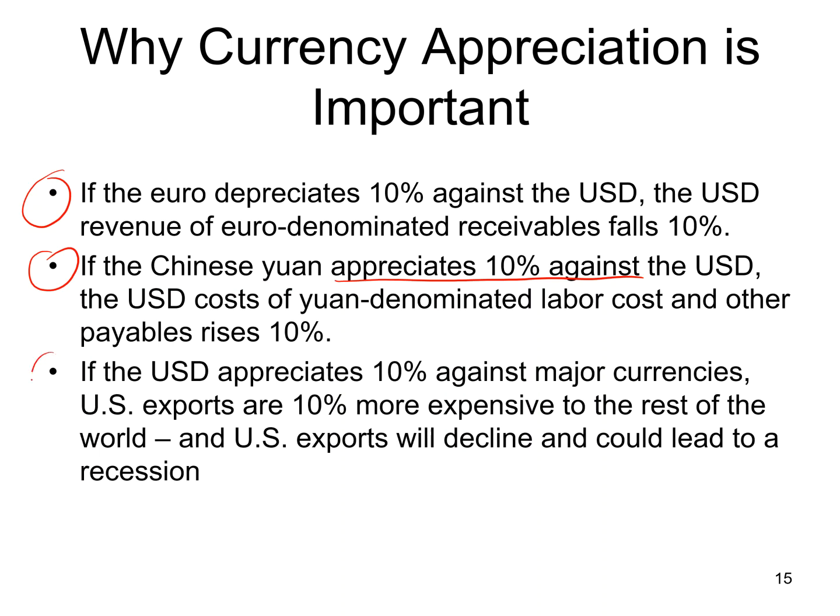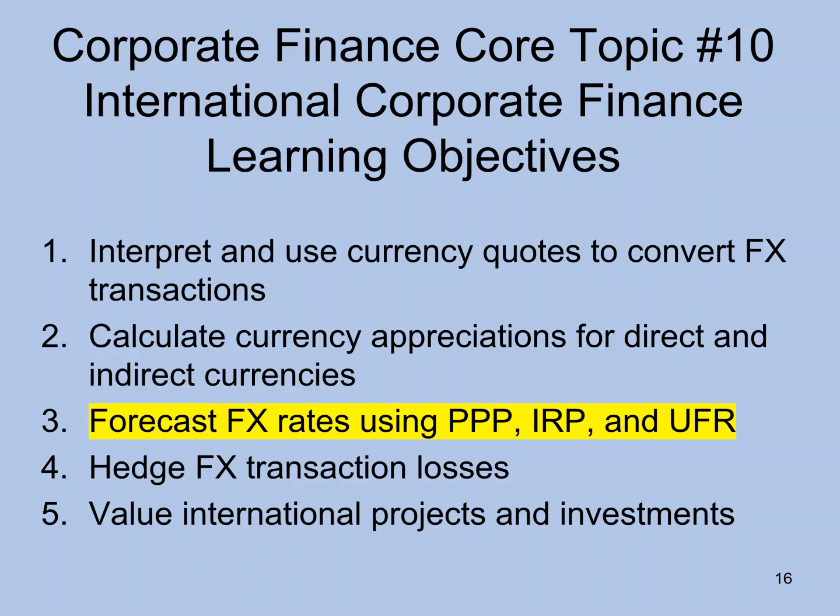And in general, if the dollar is appreciating against most major currencies for some reason, U.S. exports are going to be roughly 10% more expensive to the rest of the world. And that would lead to a decrease in exports for the U.S. and could lead to a U.S. recession. So that's why it's important to keep track of currency appreciations. And we need to understand, based on how the currency is quoted, how do I compute an appreciation or depreciation of a currency. So that's topic 2.